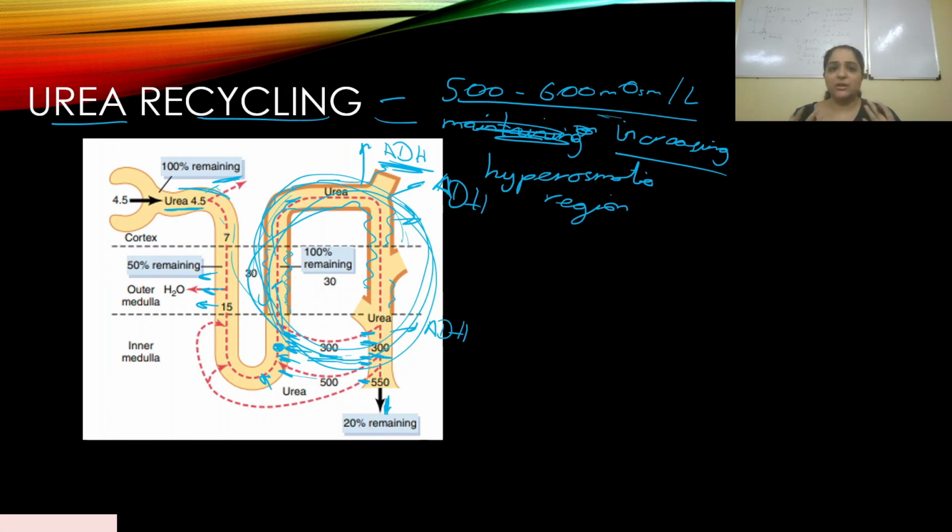But what if you've not drunk water? What if there's a deficiency of water in the system? Our cells need water, we need water to survive, and our metabolic systems also need to work. So it will tend to conserve water as much as possible, so at least our metabolic systems are functioning like usual.